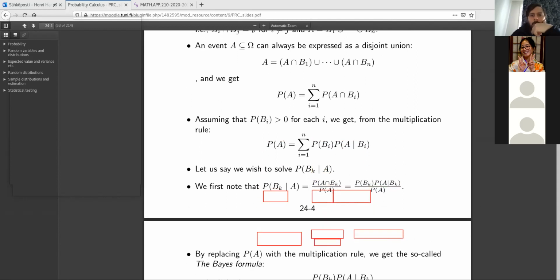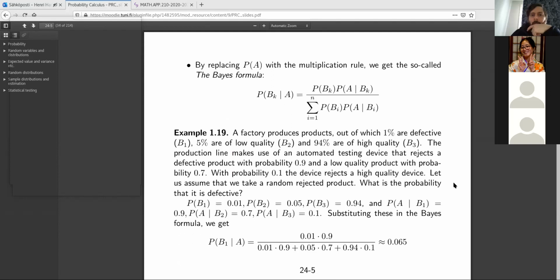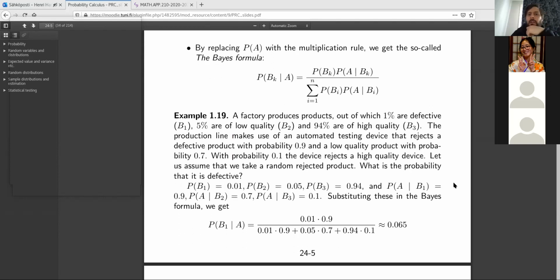Oh, that annotation, just let me clear those. So we can replace this probability with this sum, and now we have a generalized version of the so-called Bayes formula. Usually this Bayes formula is given with just one possibility.